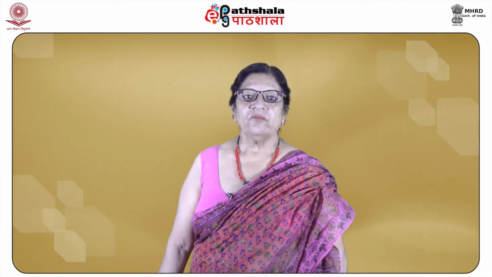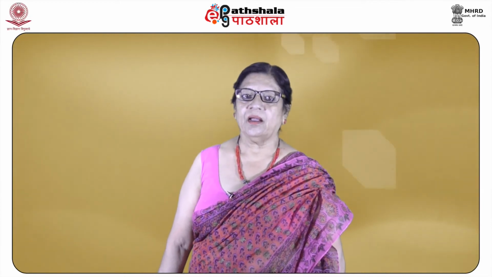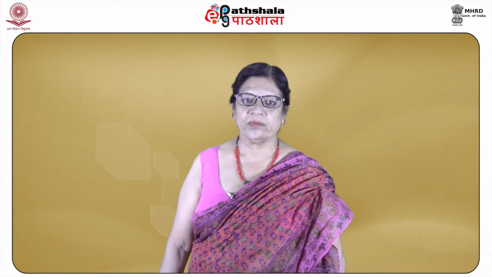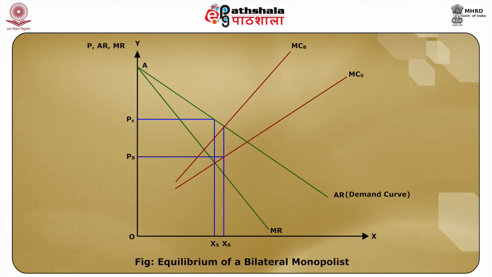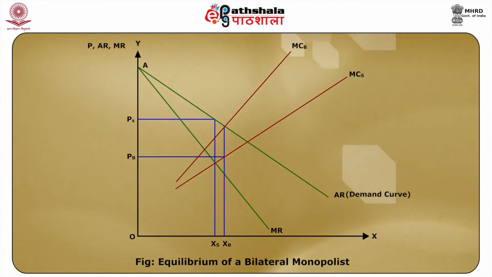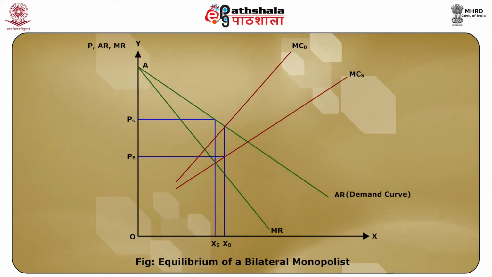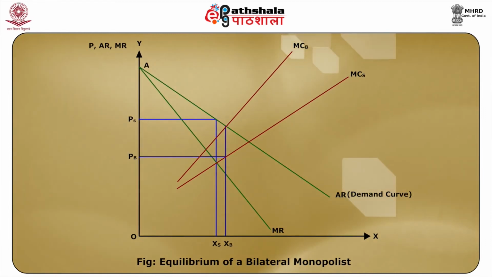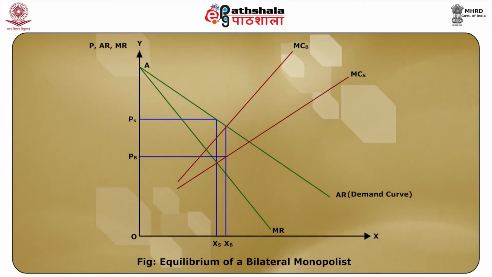However, we can always find the upper and lower limits of price and quantities. This situation is described by the figure. The demand curve facing the monopoly firm is DD and the marginal revenue curve is MR. MCS is the marginal cost curve of the monopolist.